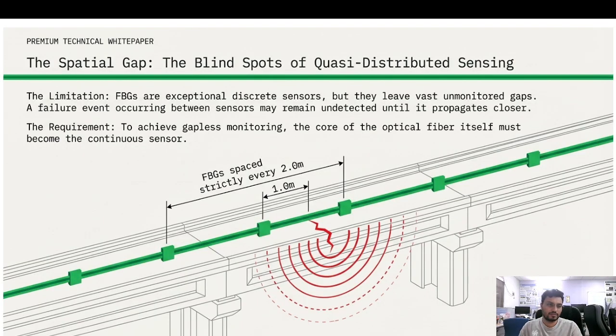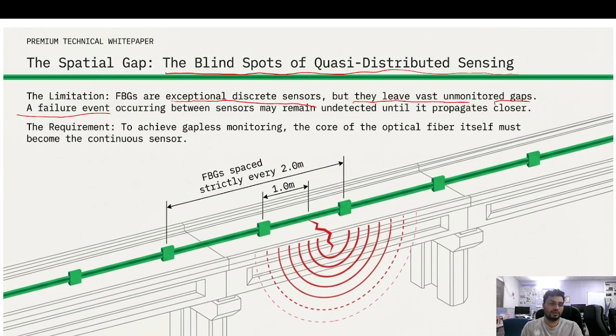Moving towards the next thing, which is the spatial gap, the blind spot of quasi-distributed sensing. We are taking an example of a bridge. We need to discuss here how the blind spot happens and why, and what the limitation is. FBGs are exceptional discrete sensors, but they leave vast unmonitored gaps.